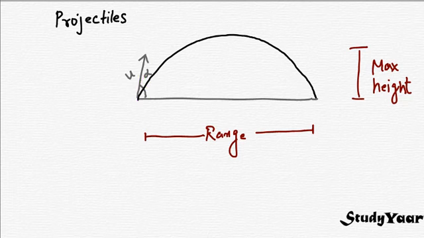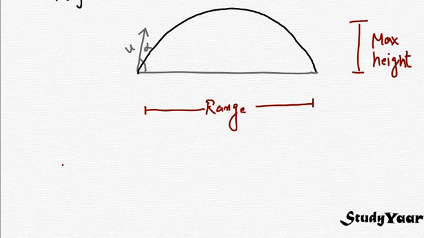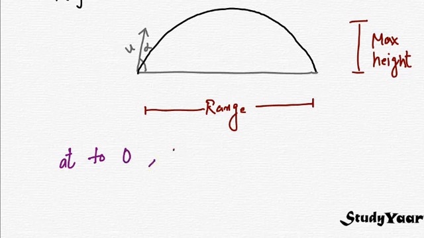So I'm just going to write for you over here that at t is equal to 0, my velocity is like this, where this angle is alpha. We know that we can always resolve our velocity vector into horizontal and vertical components.